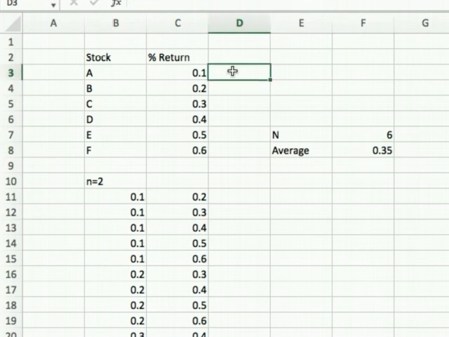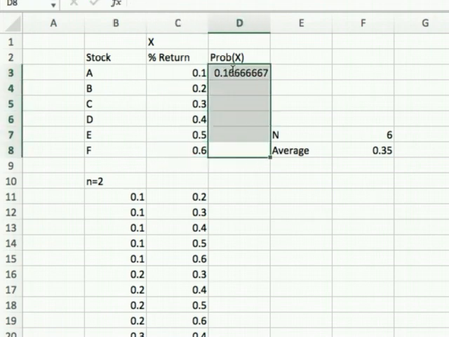Now we can construct the probability distribution of this by computing the relative frequency of each element. So this can be considered as the random variable x, and here I'll put the probability for each value of x. So if you randomly select 1 out of the 6 stocks, the probability for each will be 1 over 6.